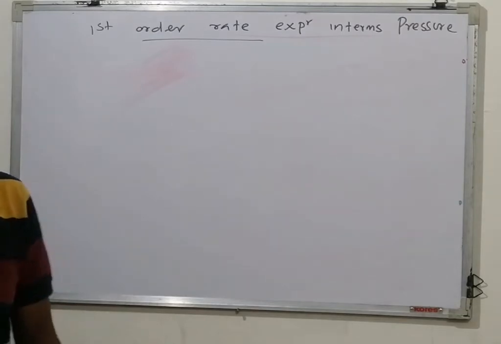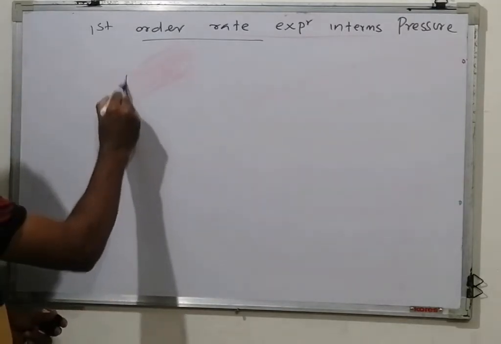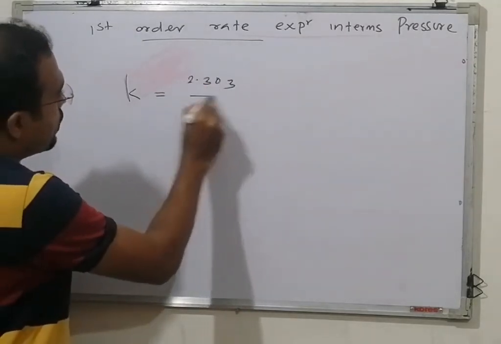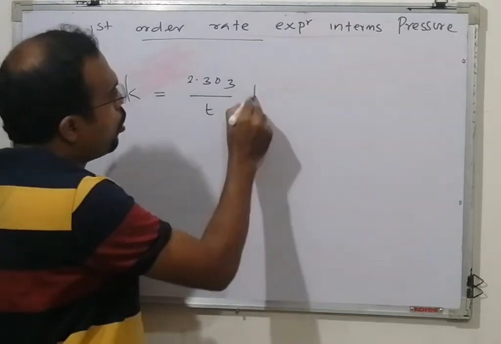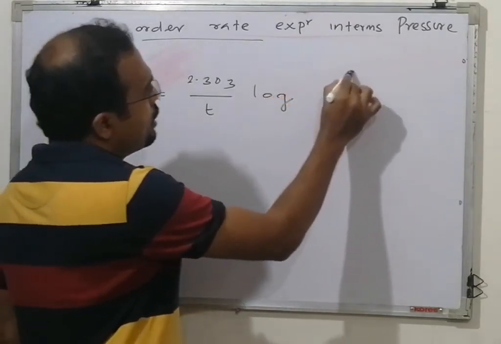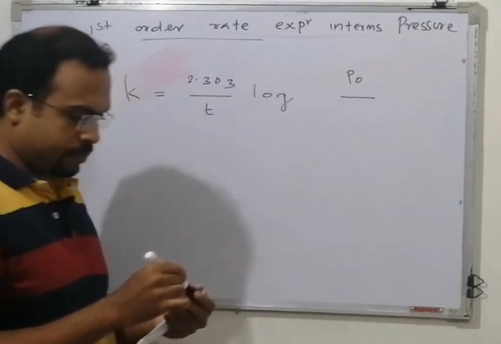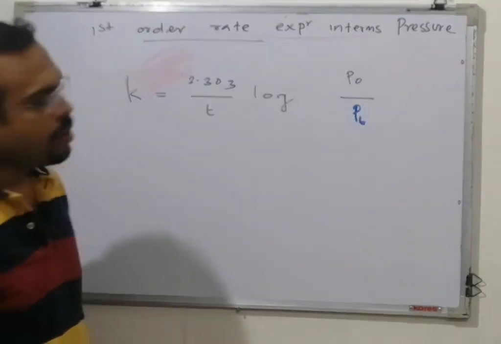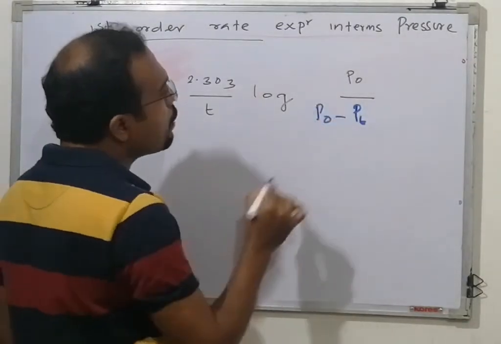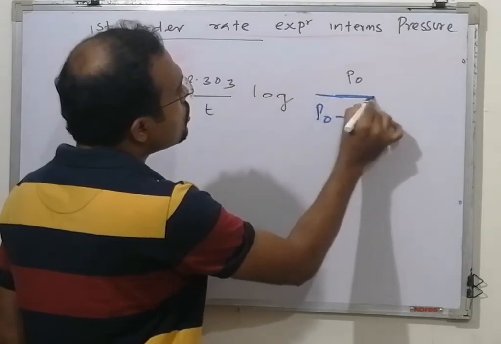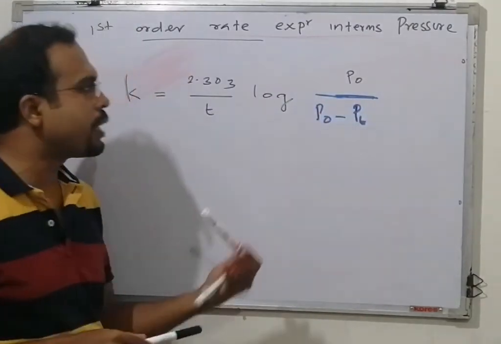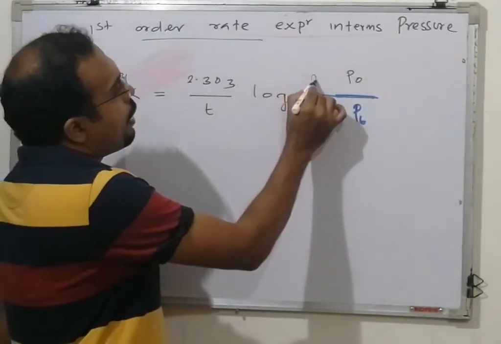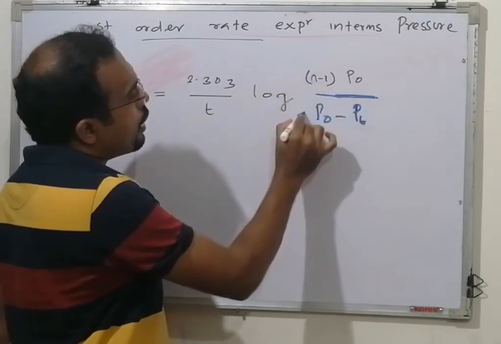This equation is valid when your reactant or product is gaseous: k is equal to 2.303 by t log P0 by, hmm, P0 minus Pt, a small difference, that is, P0 upon P0 by Pt, with n minus 1 here, n here.